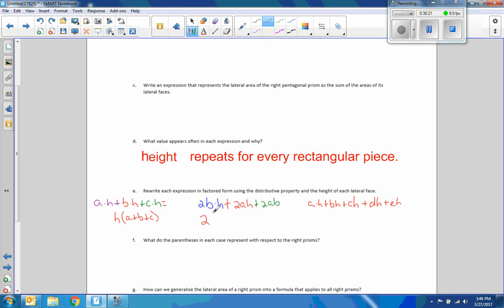The only thing I can factor out of this is 2, leaving me with b h plus a h plus a b. All right. So that is the 2 factored out. This one has an h, h, h, h, h, so I can factor out an h, leaving a plus b plus c plus d plus e, and that is factored form.